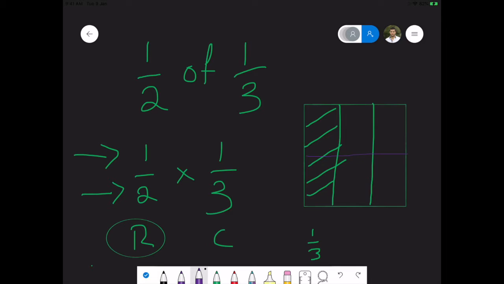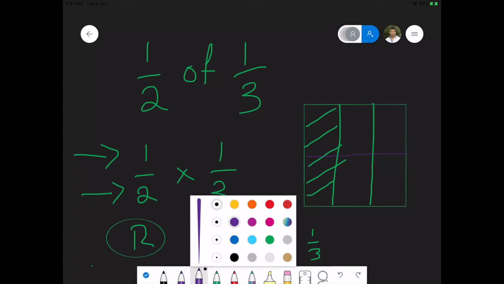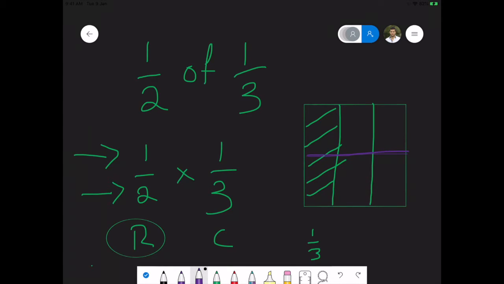There they are. Let's make it a bit darker. Here it is. You can see them better now. I have 2 rows now, and out of these 2 rows I only need one of them. So here they are. I'm gonna double shade one of them. So here it is. This is a half of a third.